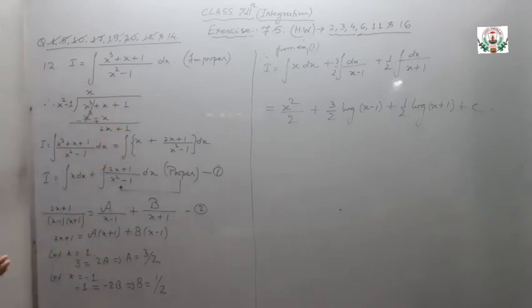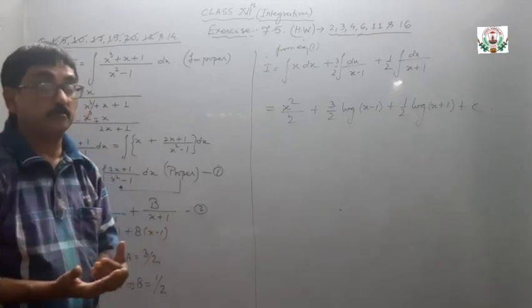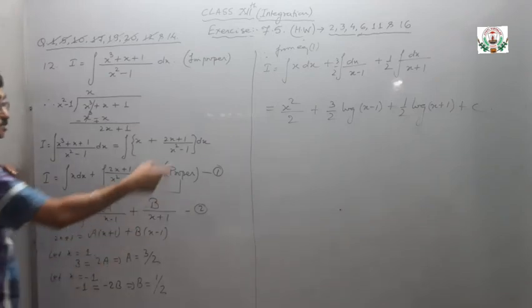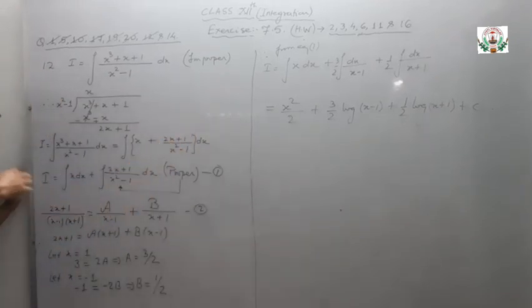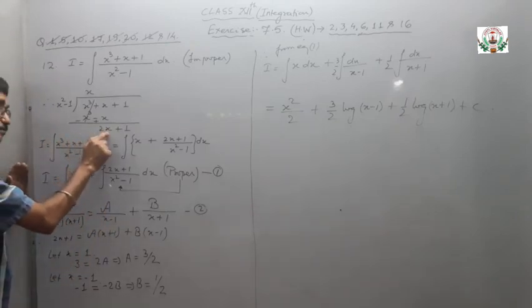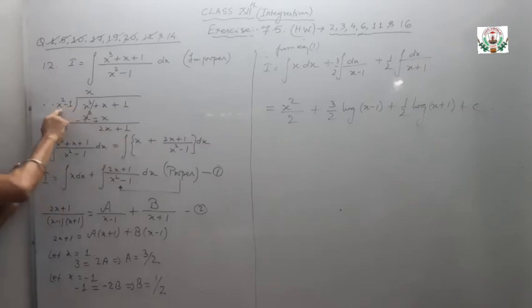In class 9 you have studied that when the remainder comes equal to 0 the division stops, but in this case the remainder will never come equal to 0. If the remainder comes equal to 0, then this part of the integration will vanish. The second case when the division of polynomials stops is when the degree of the remainder becomes less than the degree of the divisor.